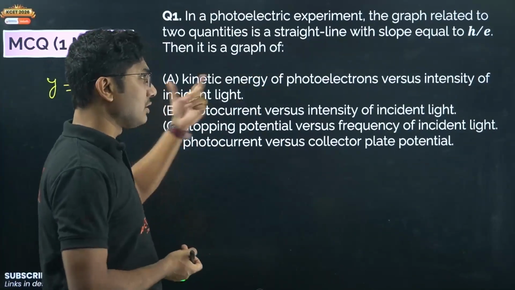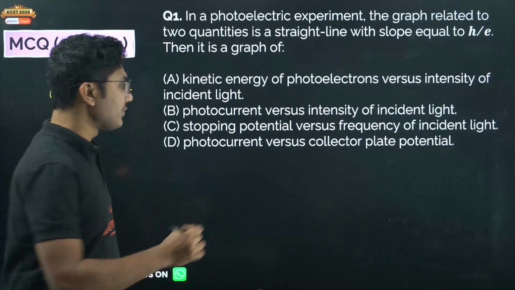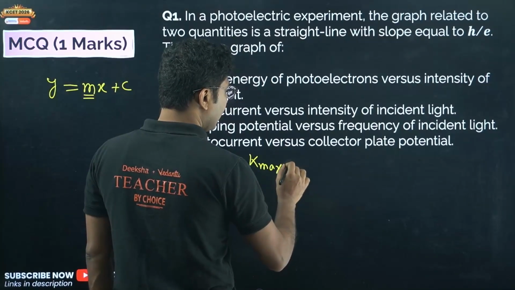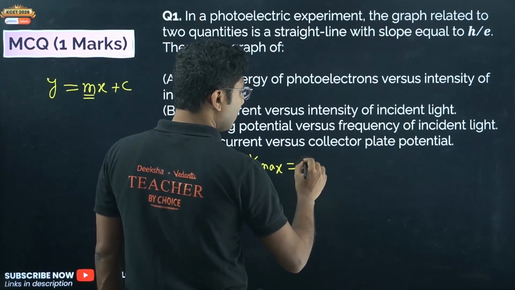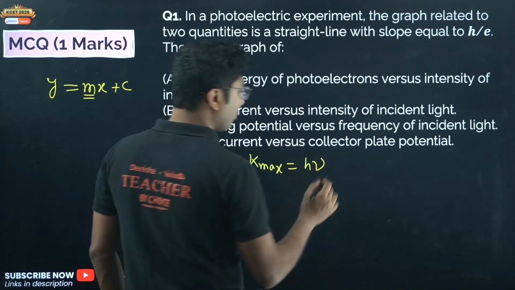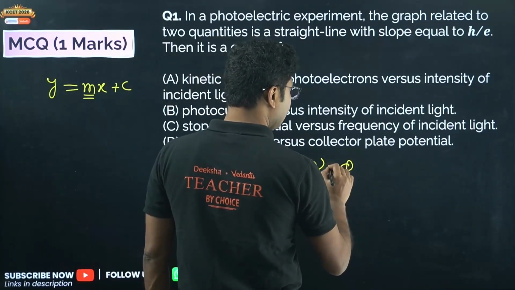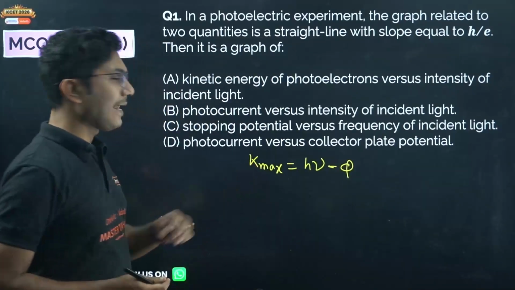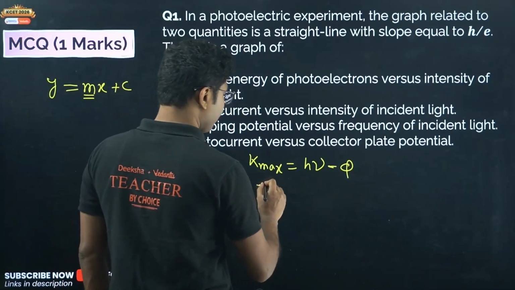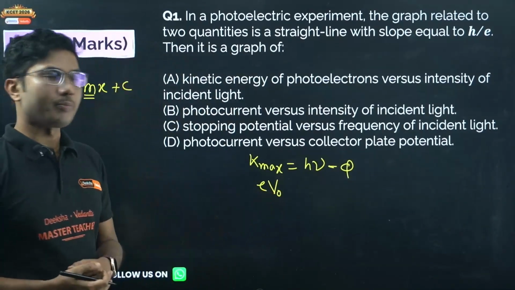First, obviously, one equation that comes to our mind from this chapter is Einstein's equation, which says that K max actually equals the energy of the photon that is supplied minus the work function. This is the standard equation. Now this K max can be written in terms of stopping potential as eV0, where V0 is the stopping potential.